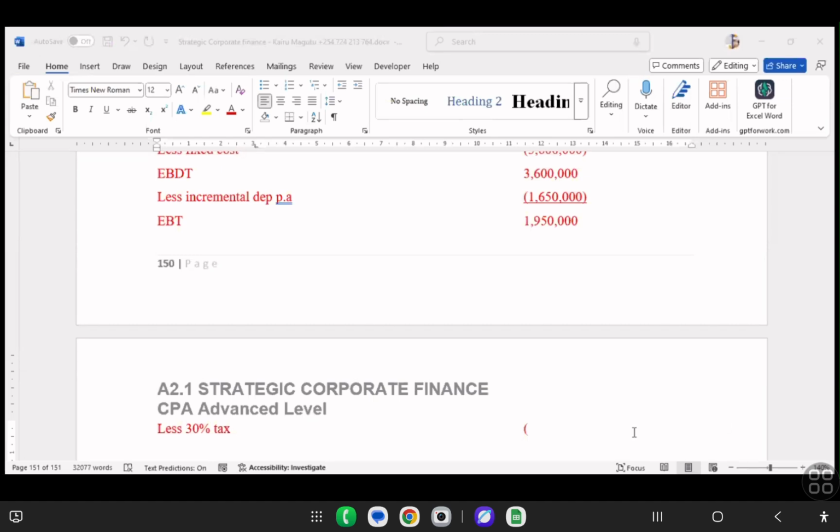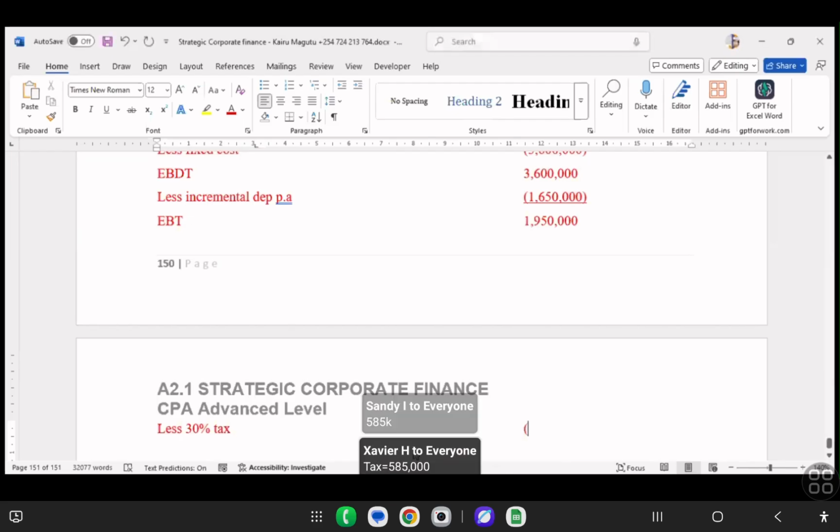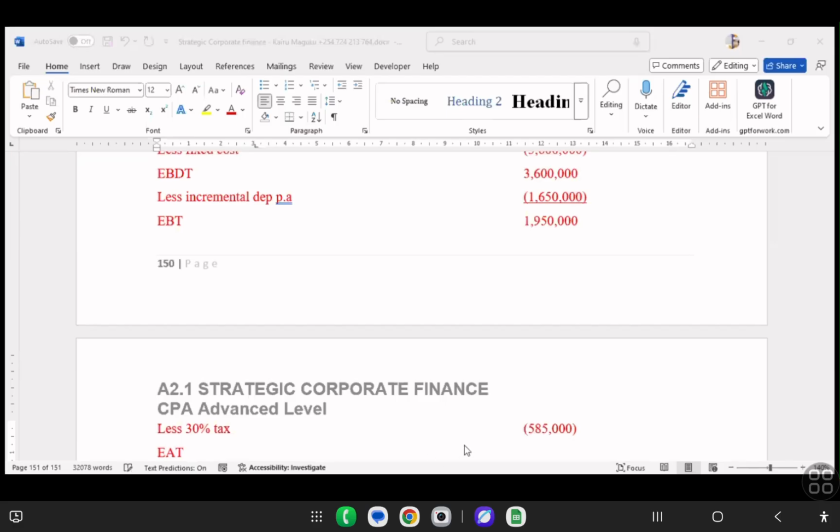Someone has given 585,000. Then we have earnings after taxation. How much is the earnings after tax? Someone is giving 1365.